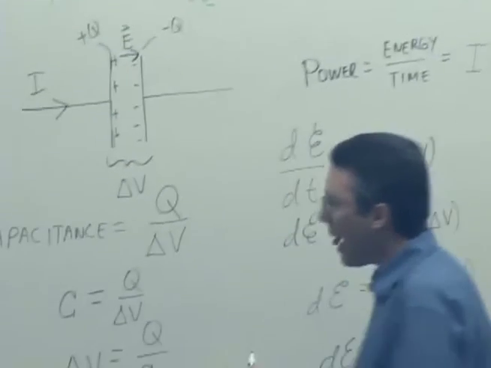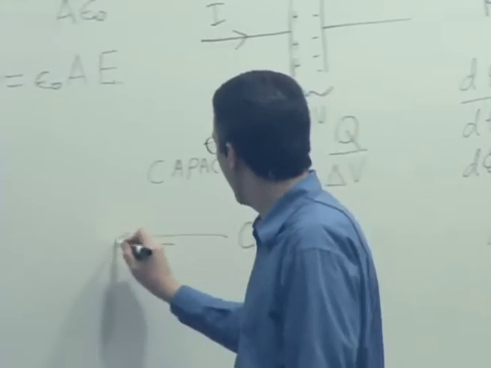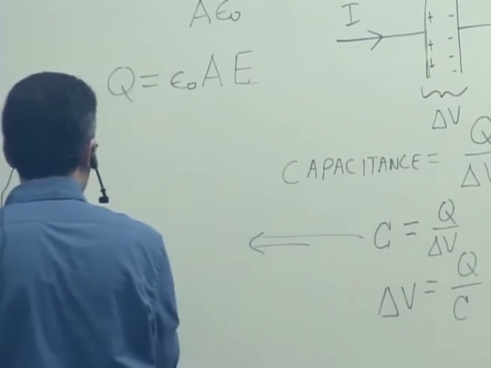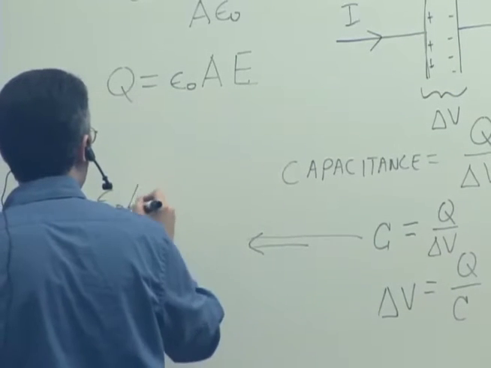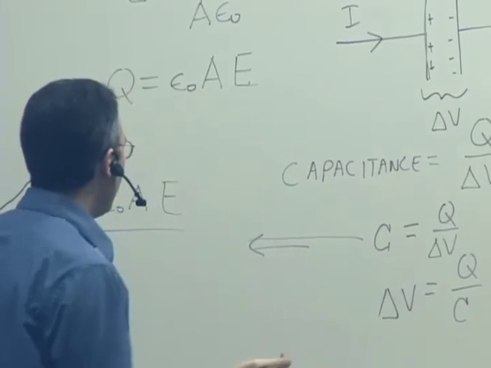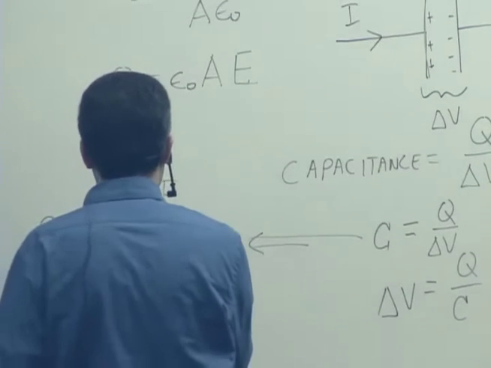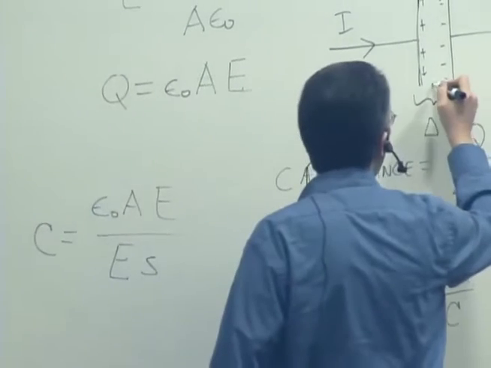And then knowing that, the capacitance is going to be that charge, which is epsilon 0 A times the electric field, divided by the potential difference. And the potential difference is just going to be the electric field times the distance S, called the separation S here.